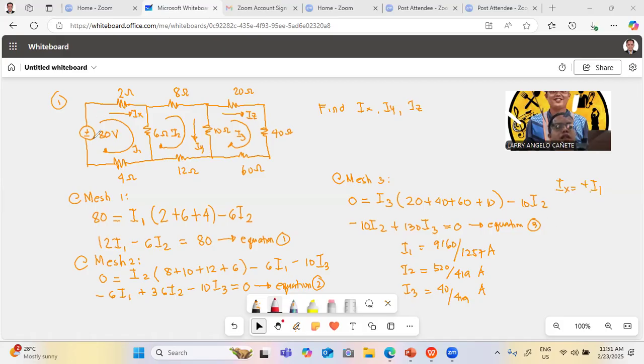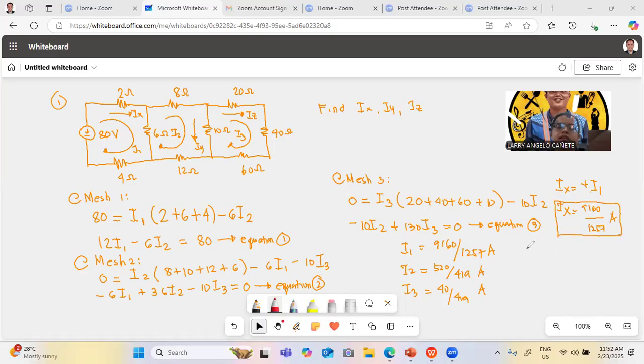For instance, if your direction is to the left, then you put negative. But since the same one, positive. So therefore, your IX is simply your I1, which is 9160 over 1257 ampere. Okay na yung IX ko.